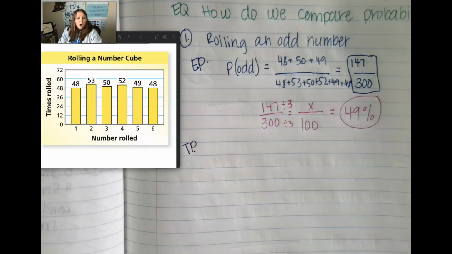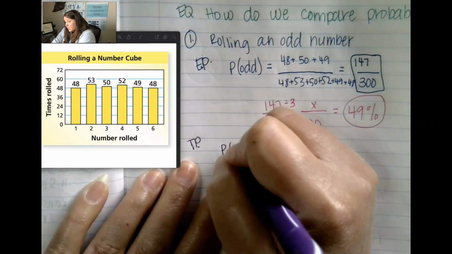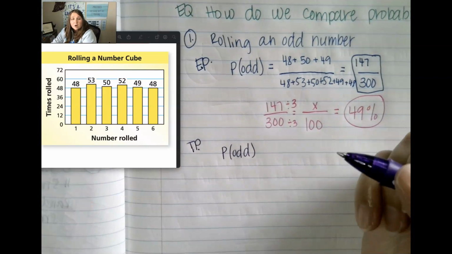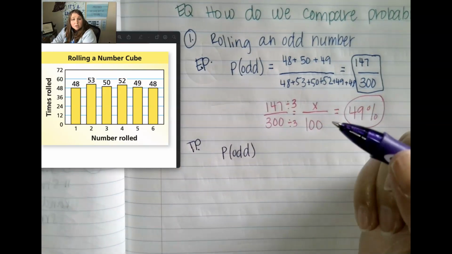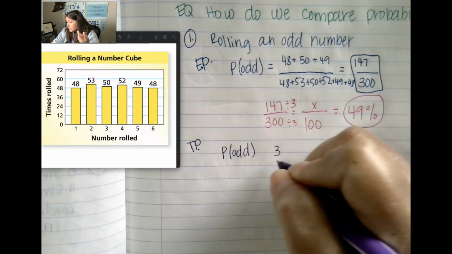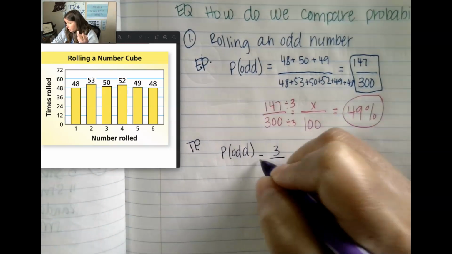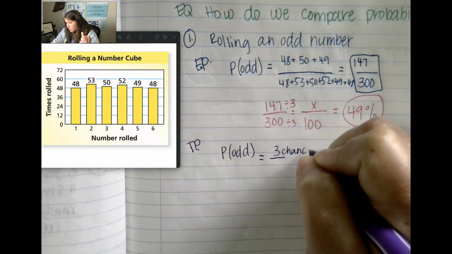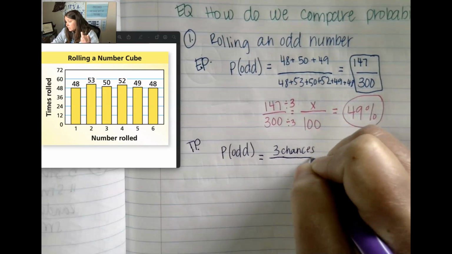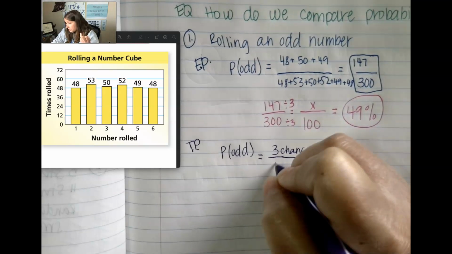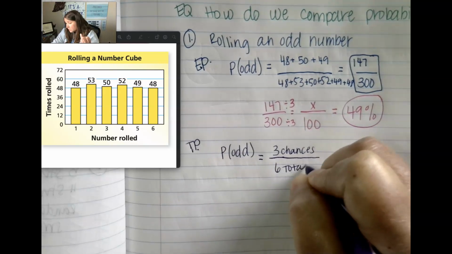So how many odd numbers are there? We're still rolling an odd, but the difference here is how many odd numbers are available to roll. Well, there's 1, 3, and 5. So we have 3 chances of rolling an odd number out of 6 total chances.